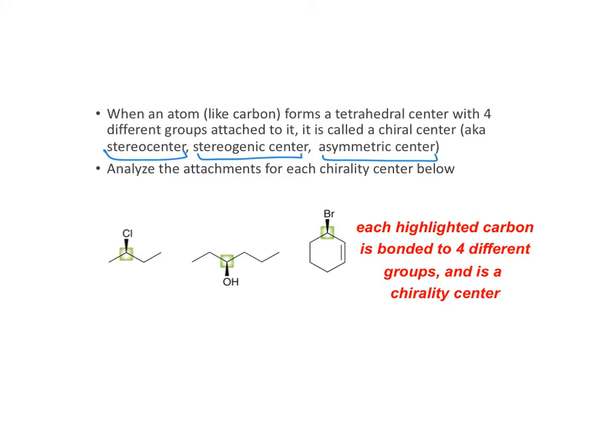Now let's look at these three examples. Each highlighted carbon is bonded to 4 different groups and is a chirality center. Now, first of all, with bond line structures, when it's not in a ring, we draw them in a zigzag format. And we can indicate spatial arrangement by using solid and hatched wedges. So we could draw the chlorine like this as shown.